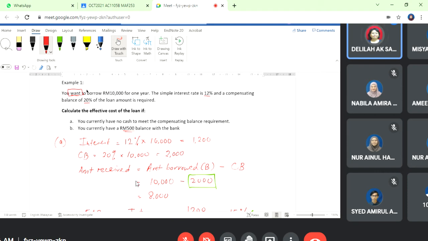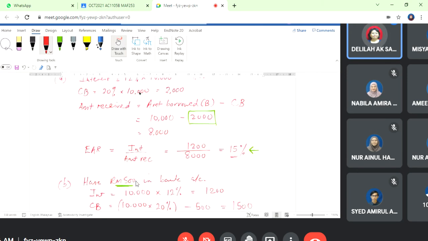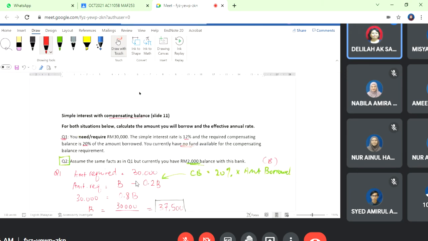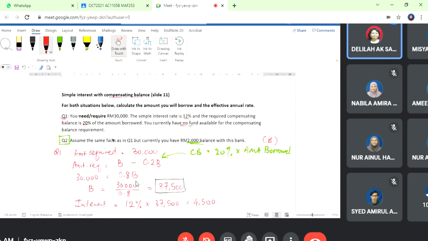So pay very careful attention to the question sama ada dia guna perkataan want, wish, okay, want or wish is this. Need, require adalah yang ni. Okay, that means you must receive this exact amount.